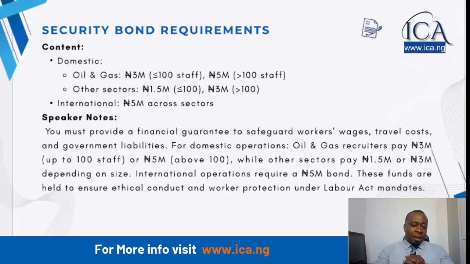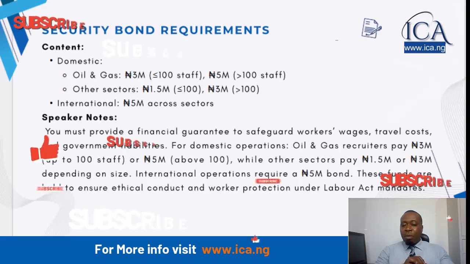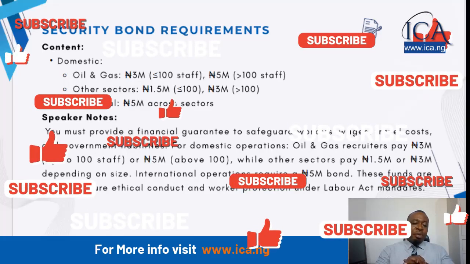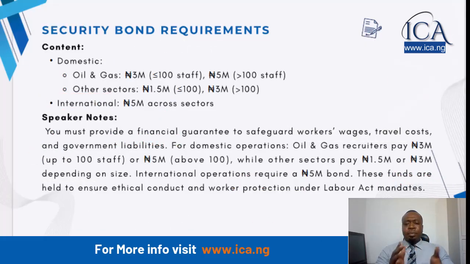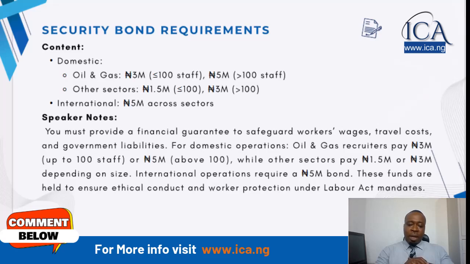Mind you, just like I said earlier, you are not paying exactly this amount. It has to be calculated by your broker in order for you to know exactly the amount you have to pay. And also, while other sectors you have to pay up to 1.5 million to 3 million depending on the size of your organization.